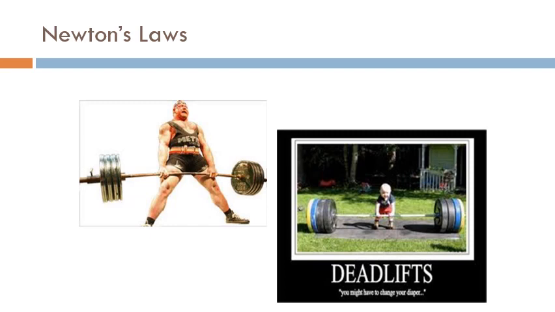Now, if you were to take 70% of that and still put the same amount of force behind it, what's going to happen to the barbell? The barbell is going to move faster, okay? So again, it's related to the amount of forces acting on it and the mass of the body. The more force, the faster something will move. However, it's also inversely proportional to the mass of the object, okay?